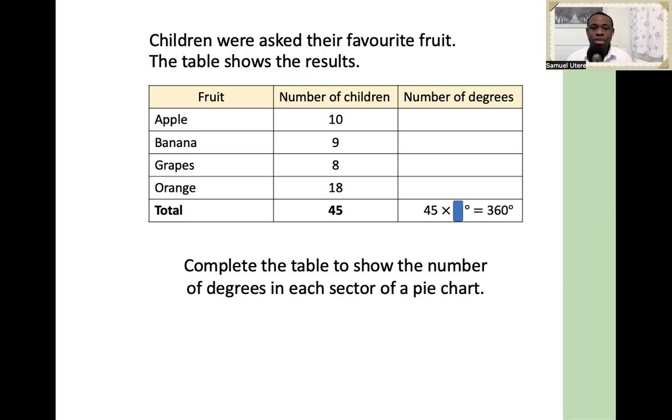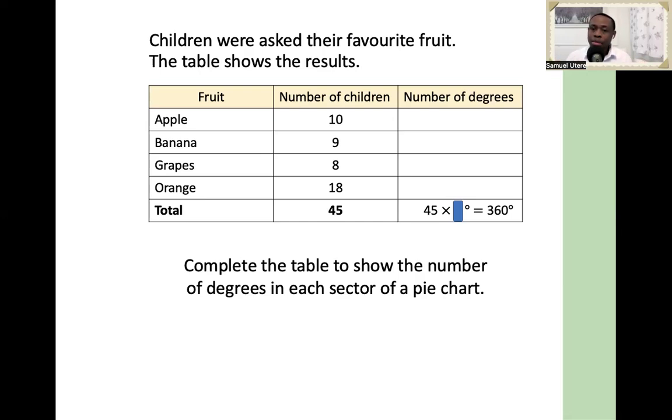In this case, the total number in our data is 45. Now, to get that number, we could do 360 degrees divided by 45 to get that special number that we need to multiply 45 by to get 360 degrees.